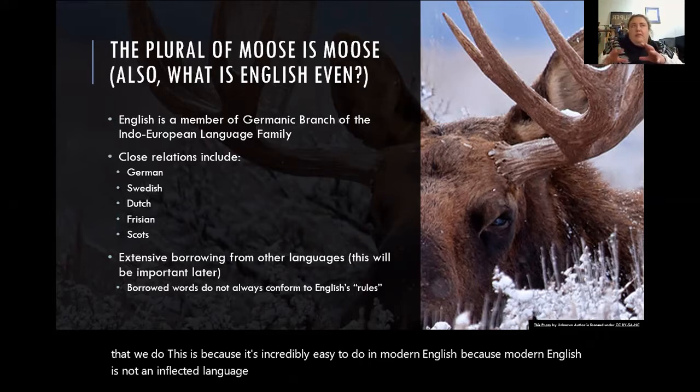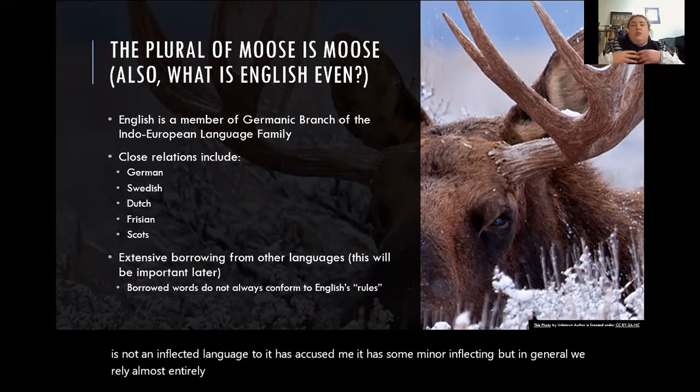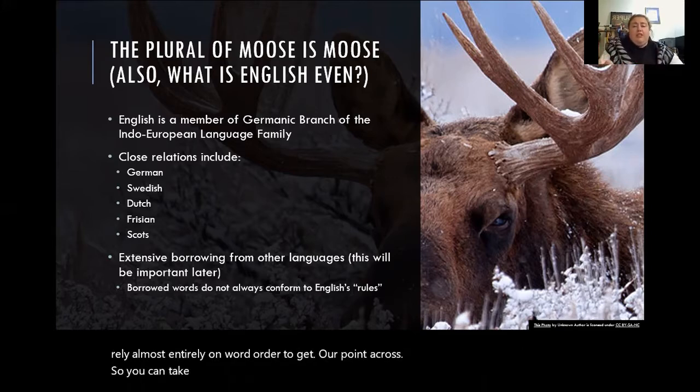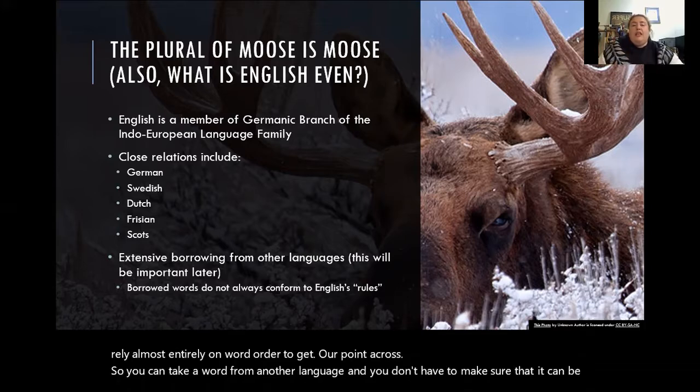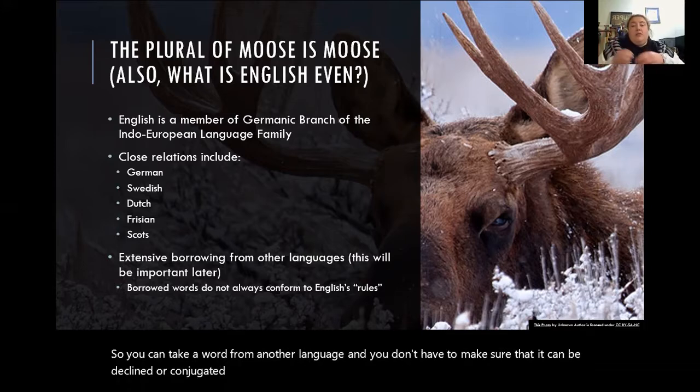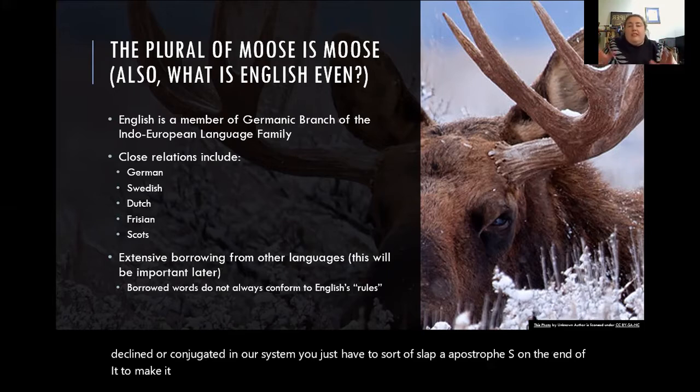It has some minor inflecting, but in general, we rely almost entirely on word order to get our point across. So you can take a word from another language and you don't have to make sure that it can be declined or conjugated in our system. You just have to slap an apostrophe S on the end of it to make it possessive, or just an S to make it plural, and you're off to the races.